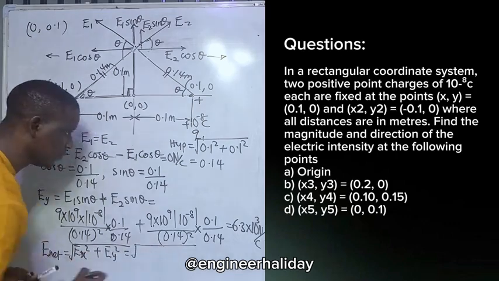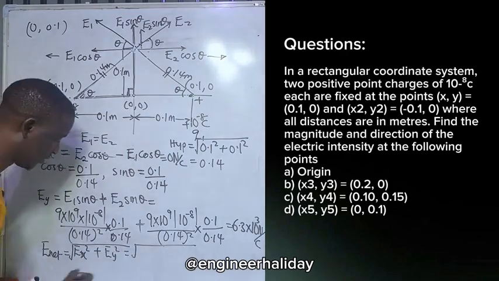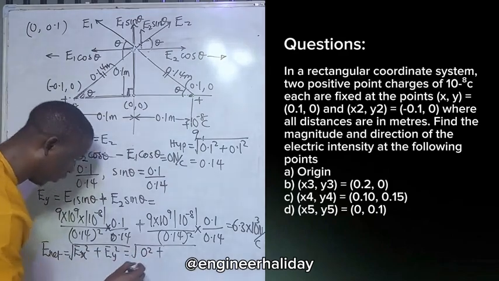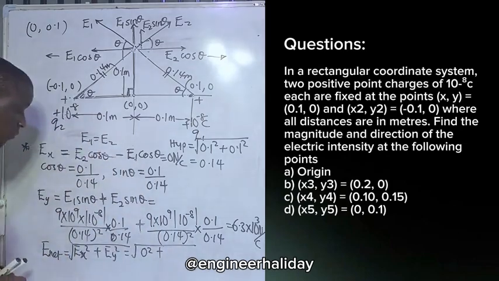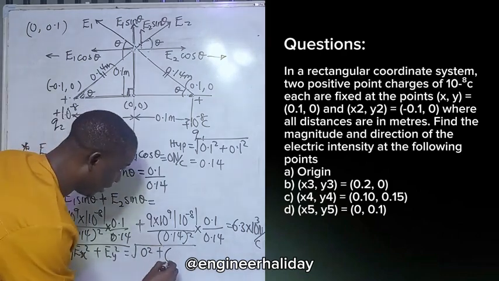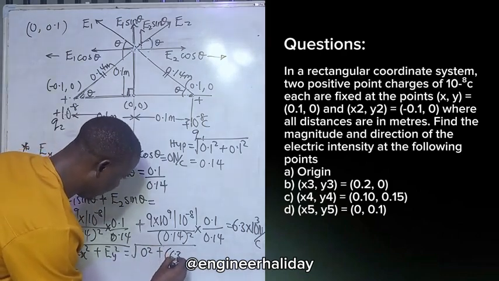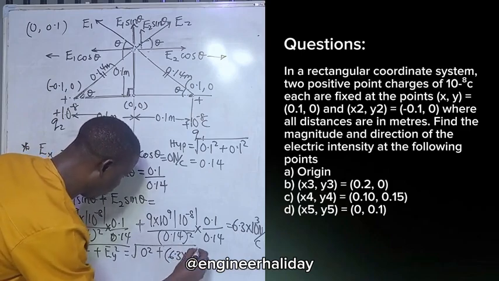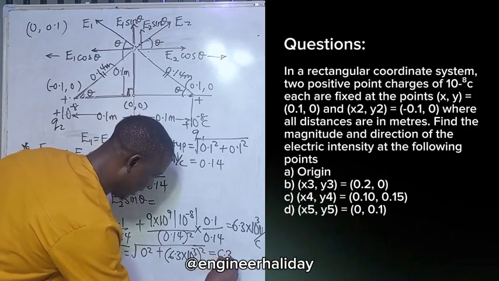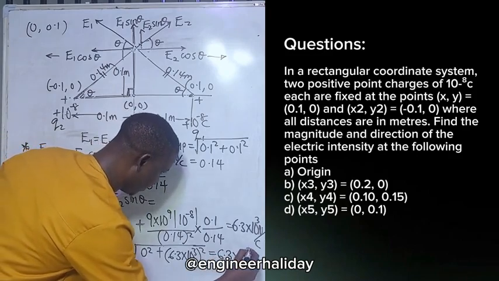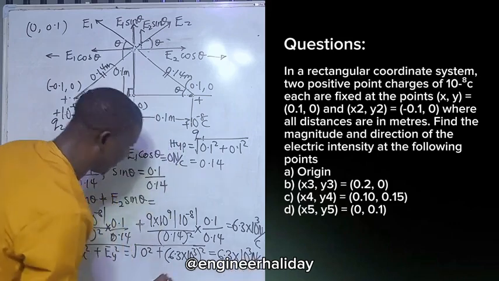And that will give us what? 0 square, because along the x-axis it is 0, plus, along the y-axis, 6.3 times 10 to the power 3, all squared. So if you now press your calculator, we are going to have the answer 6.3 times 10 to the power 3 Newton per coulomb. That is our net.